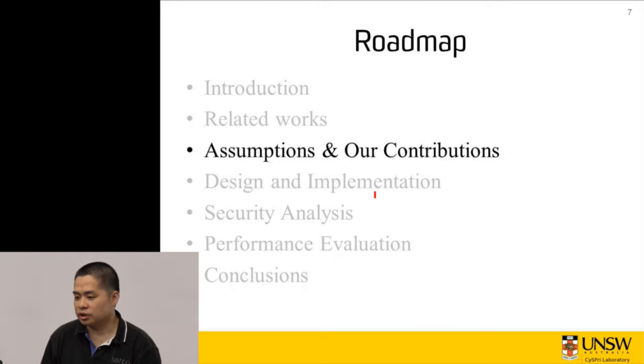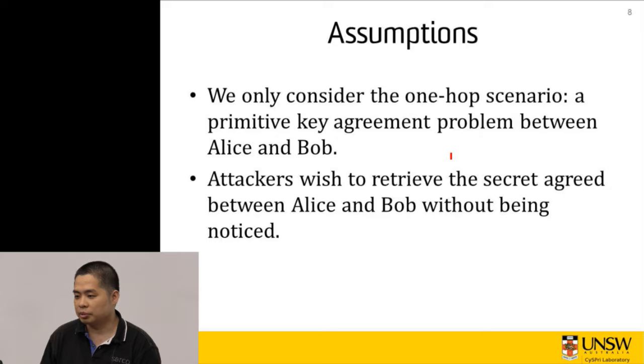So here comes our first section, the assumption and our contribution. Basically, in our scenario we only consider the one hop scenario, which means we try to tackle the very primitive key agreement protocol between Alex and Bob, just one hop. We are going to apply this in the multi-hop setting, but that will be part of our future work.